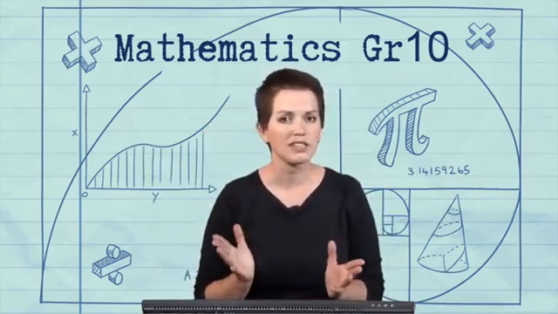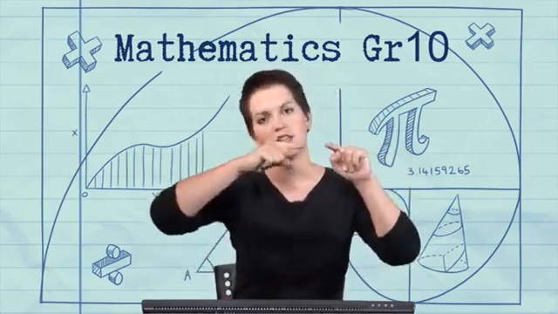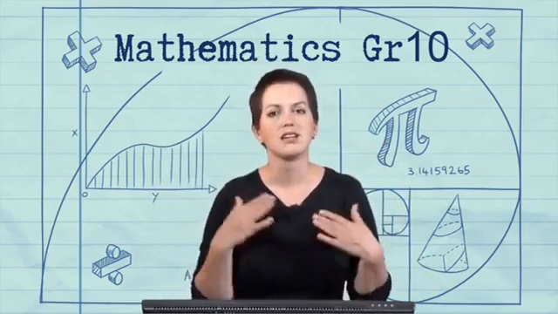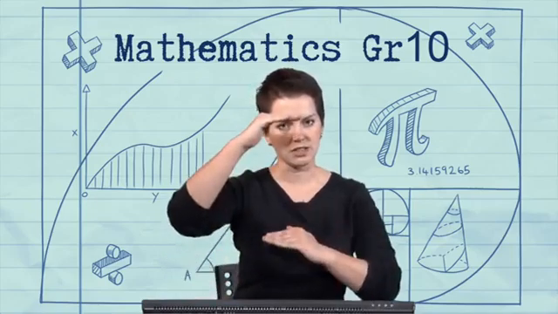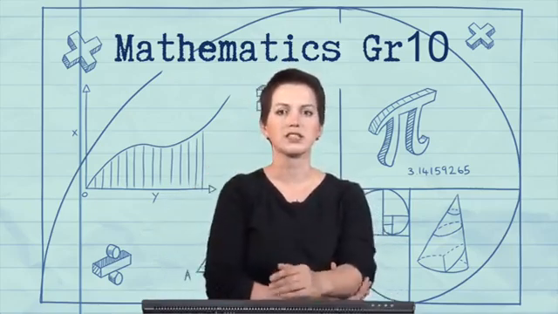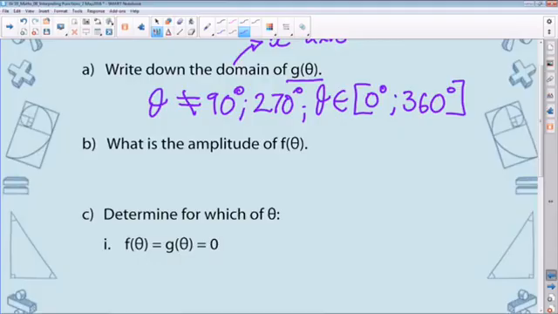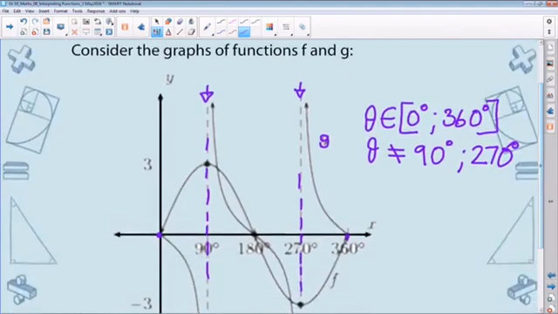But generally, I find it easier to just look at the function, find the midpoint of the function, and then measure to the top from there. Luckily for us, our sine function hasn't been moved anywhere. It's only been stretched by a factor of 3. Let's go back to the drawing so that we can see it again. On the graph, our sine function goes up to a height of 3.